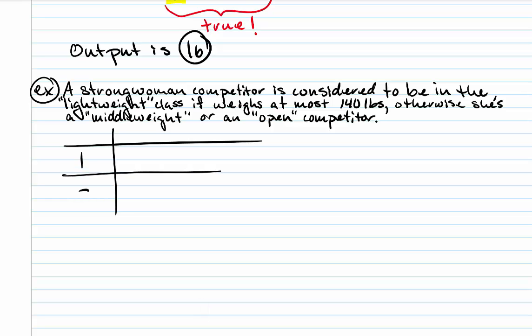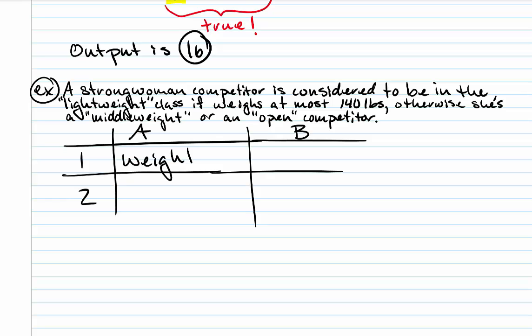There are row numbers and the columns are labeled with letters, right? So this would be the upper left corner of an Excel document. And we could put weight in the first cell. And I don't know, maybe a woman weighs 141 pounds. And then we could write an IF statement right here to determine the class.